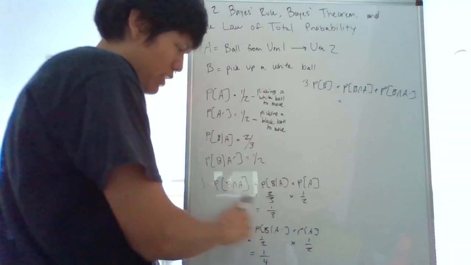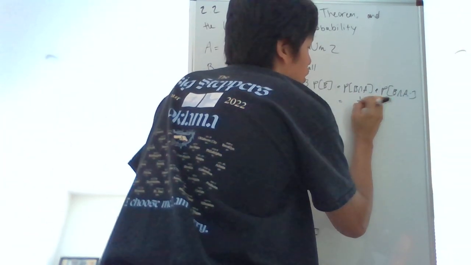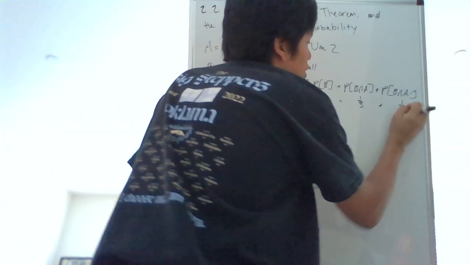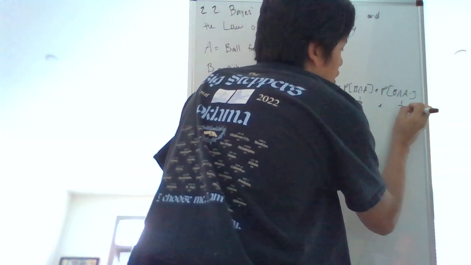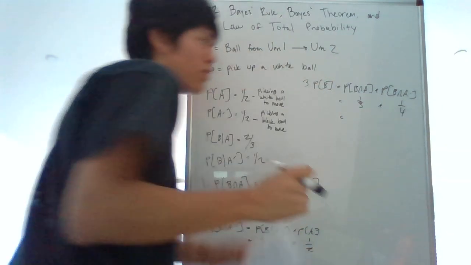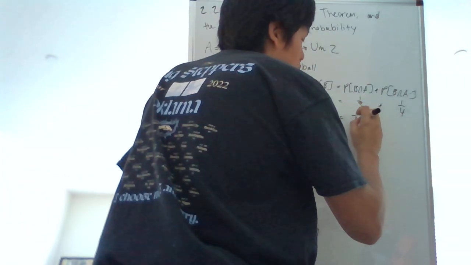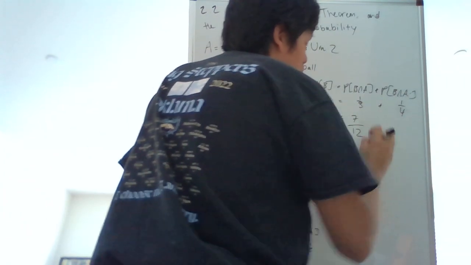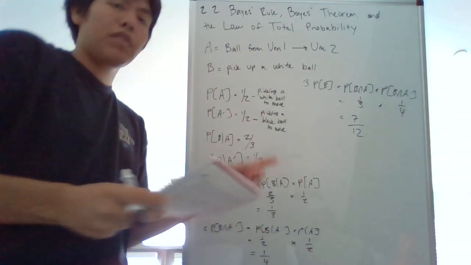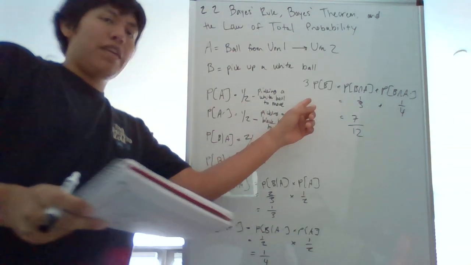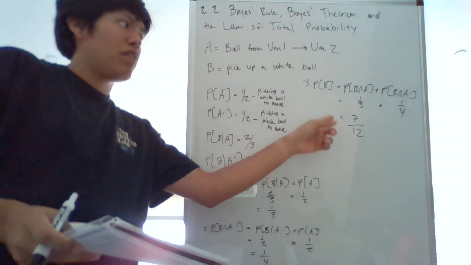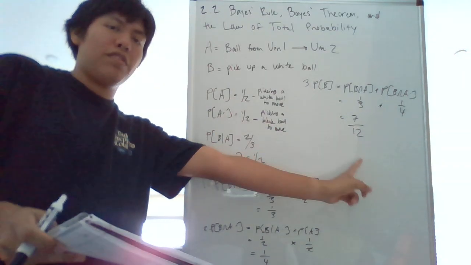So B intersect A is 1/3 plus B intersect A complement, 1/4, and that is equal to 7/12. So we find the total probability of B, 1/3 plus 1/4, is 7/12.